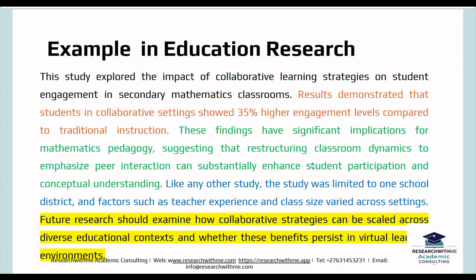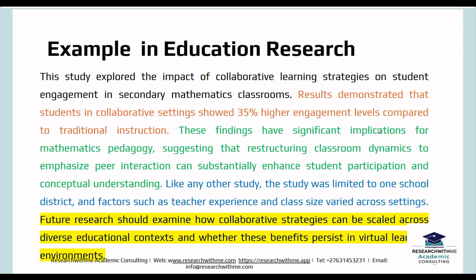Now we are going into details of examples. This study explored the impact of collaborative learning strategy on students' engagement in secondary school mathematics classroom. All right, that's bringing to mind what was done.